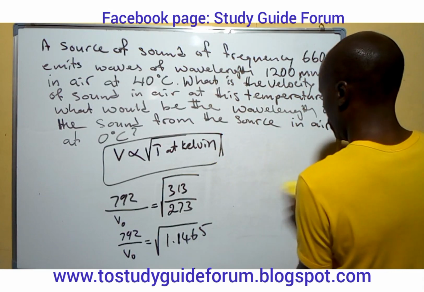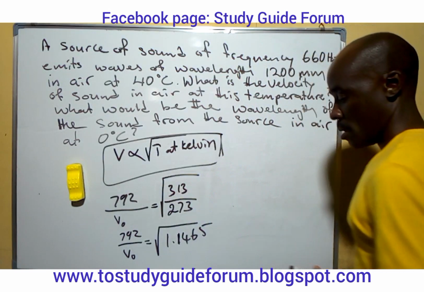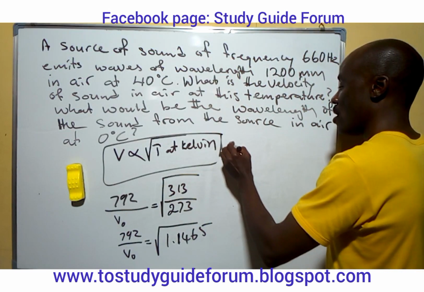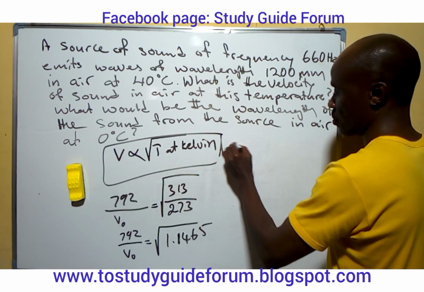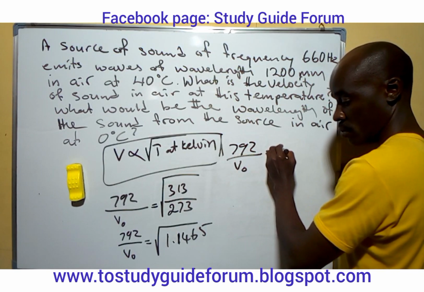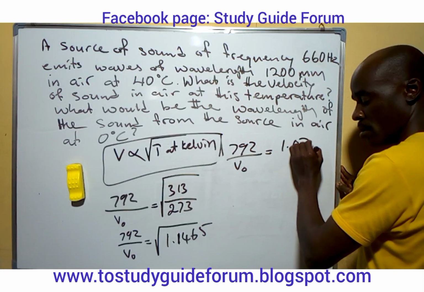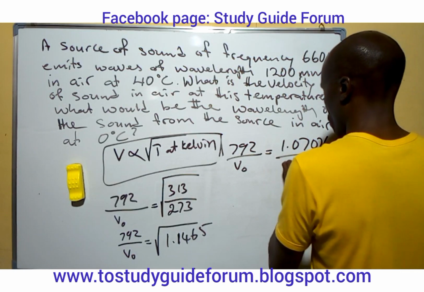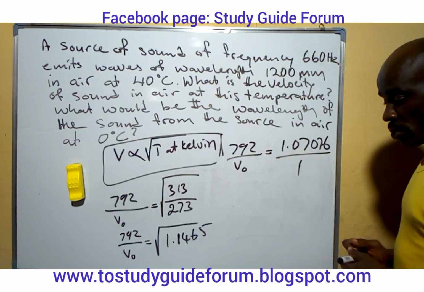Let's clean this and go ahead. If we get the square root of that, we have 792 over V0 equal to 1.07076 over 1. So we can cross over.